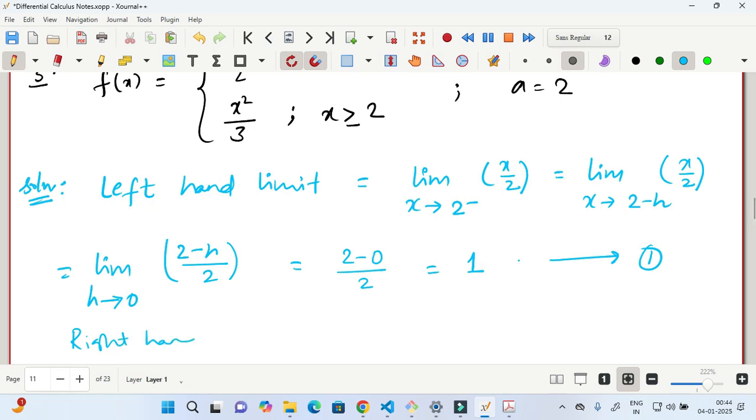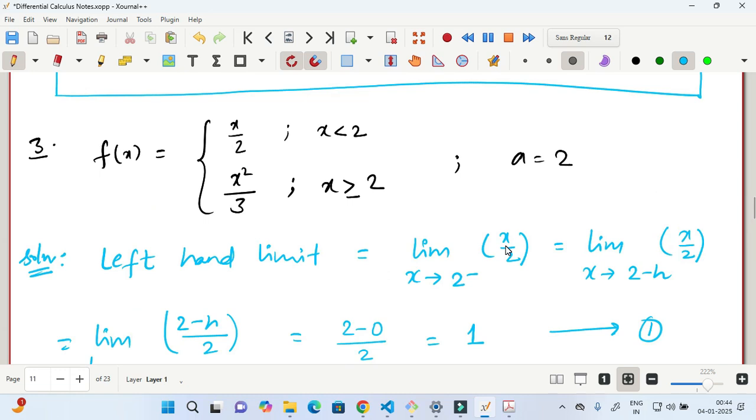Right hand limit equals limit x tends to 2 plus of the function which we have to select, x square by 3. I'll explain it clearly once again. 2 minus means little less than 2, so you have to select the first function. 2 plus h, little greater than 2, you have to select the second function.